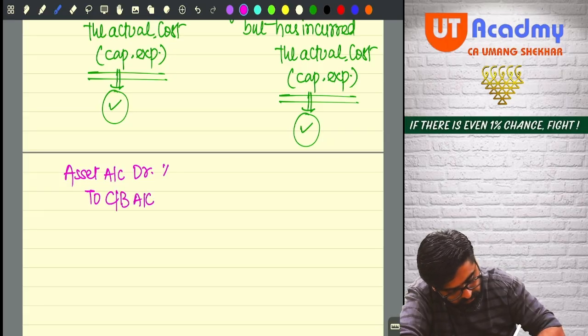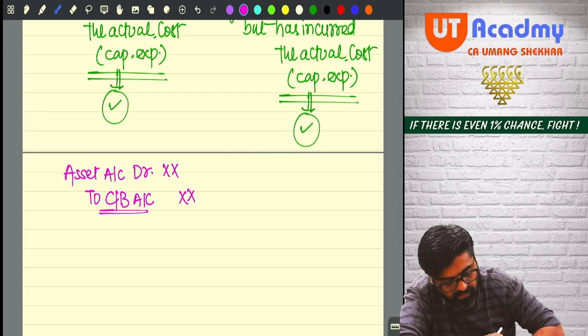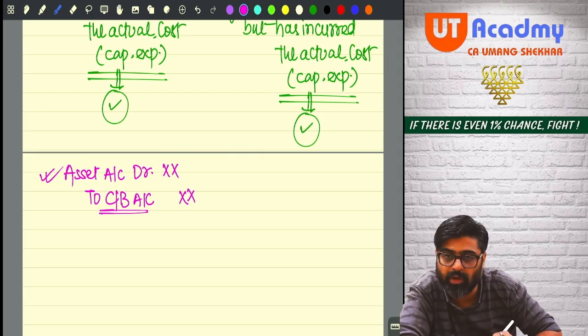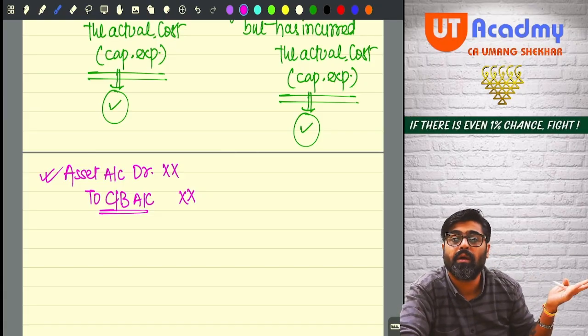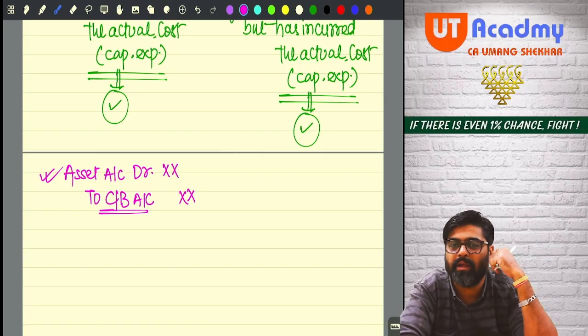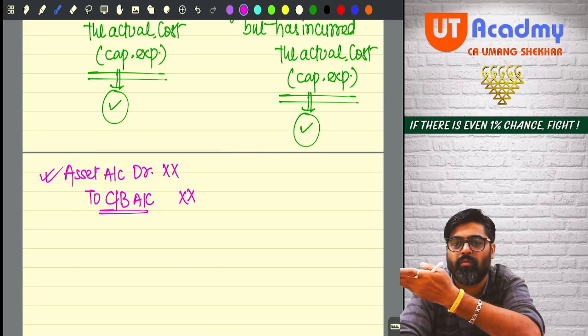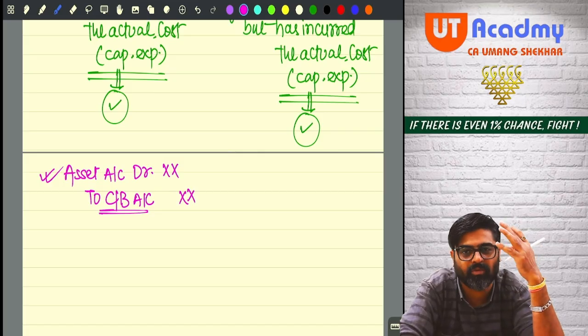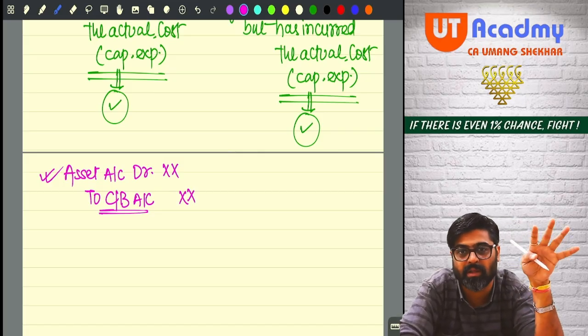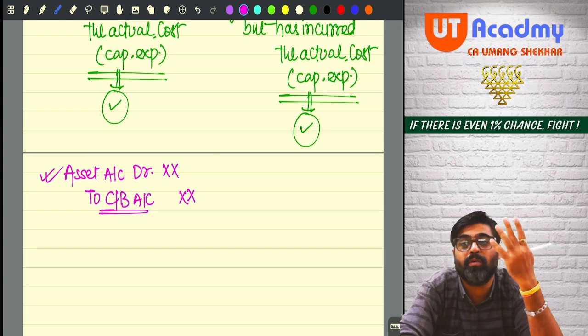Yes or no? So this much cost you have incurred and you have brought the asset in your books. So whatever cost you have incurred on the asset, that cost you claim in the form of depreciation. You now become the legal owner. Yes or no? But sometimes, even though you incur the cost, you don't become the legal owner.